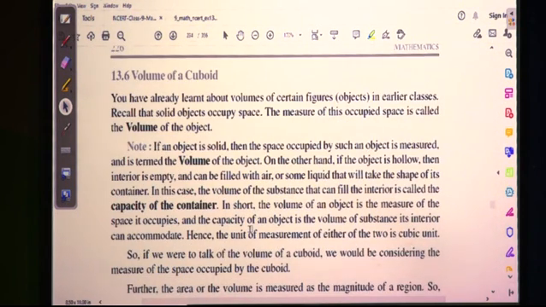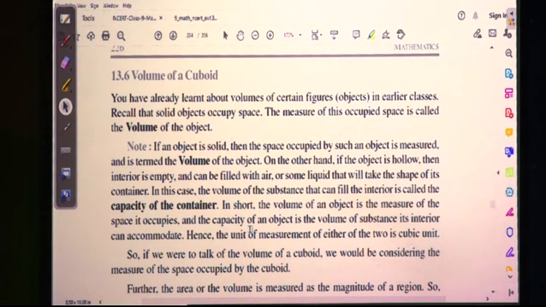Now, let us continue with the next part, volume of a cuboid. Till now we have seen surface areas of a cuboid, of a cylinder, which is also known as right circular cylinder, but cylinder also means the same, of a right circular cone, of a sphere, of a hemisphere.